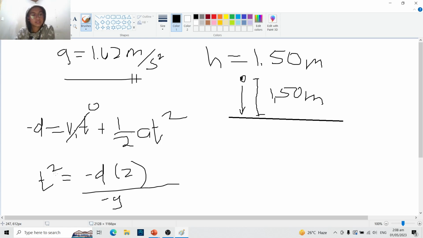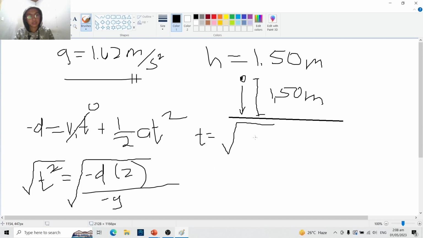And since it is squared, we take the square root to cancel it. So we have the equation t equals the square root of distance or height times 2 over g. Of course, don't forget that g is negative.